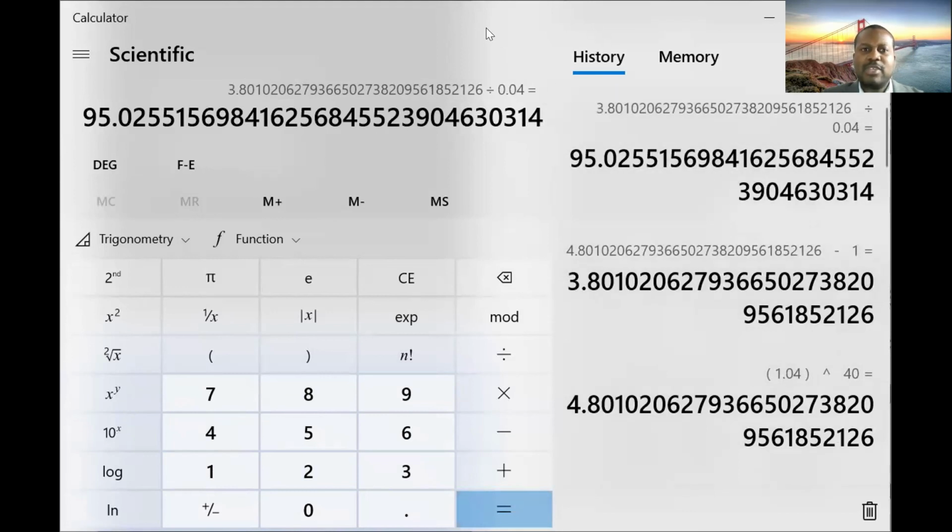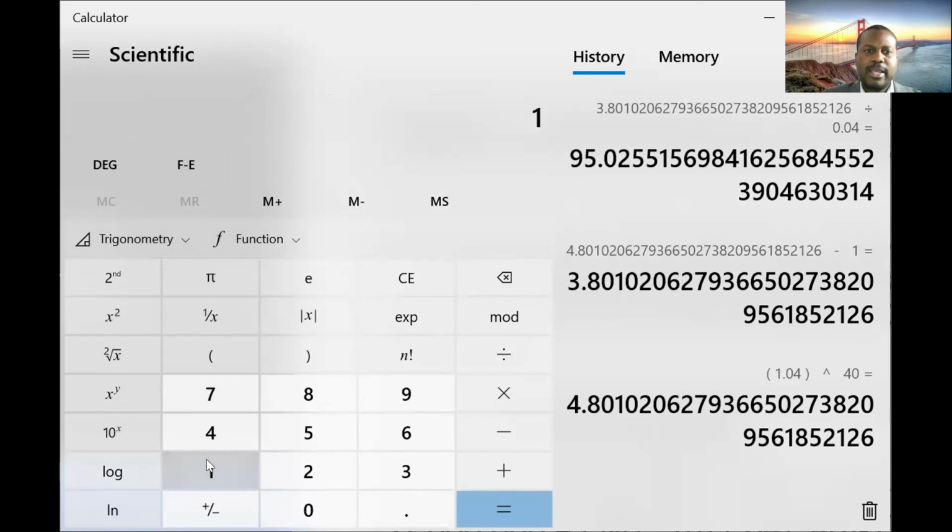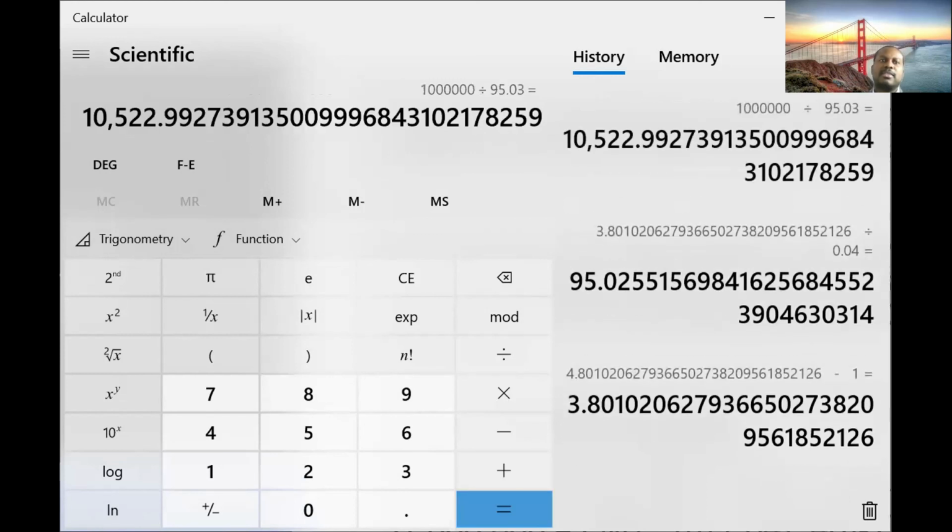With this 95.03, we can then divide 1,000,000 by it. Approximately, if we round it to 2 decimal places, because we want the pension pot size to be 1,000,000, divided by 95.03, that gives us 10,522.99.